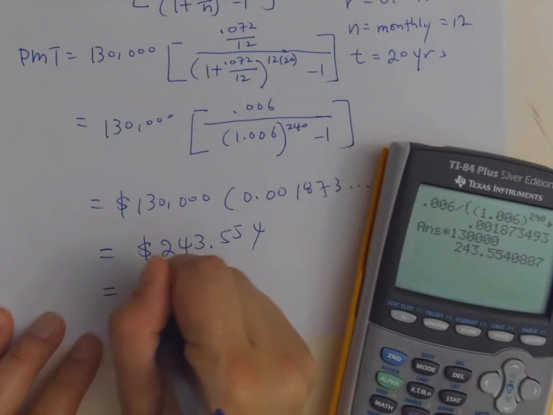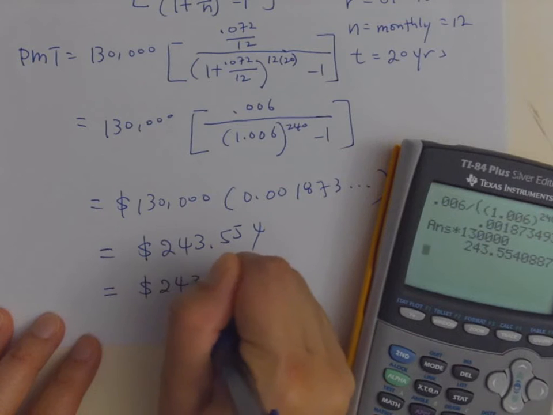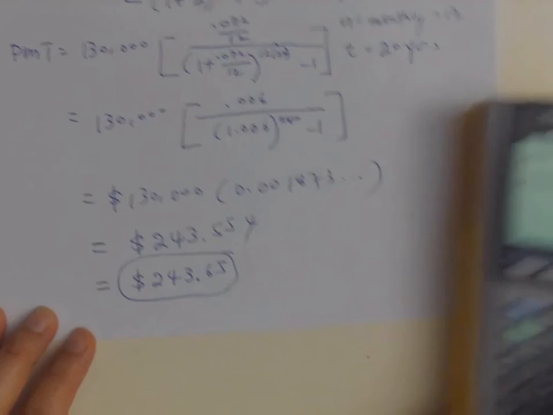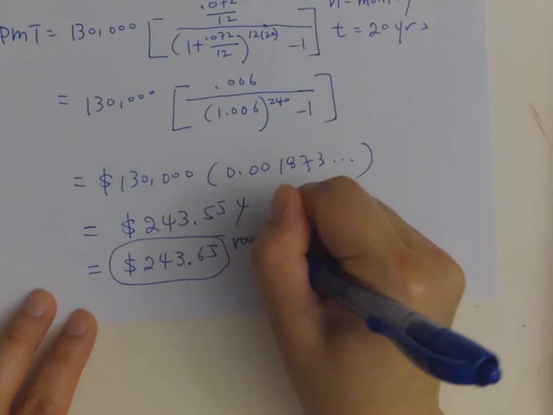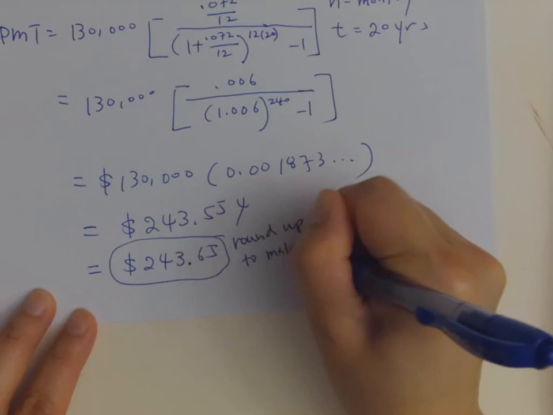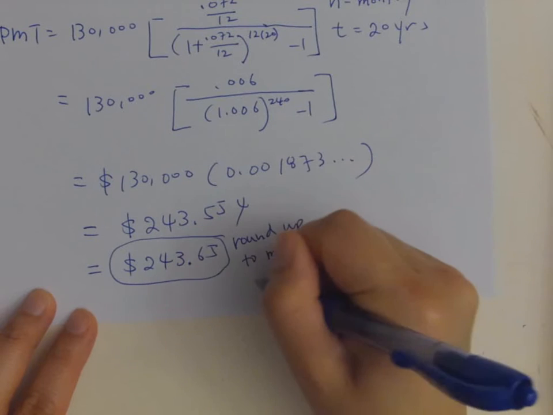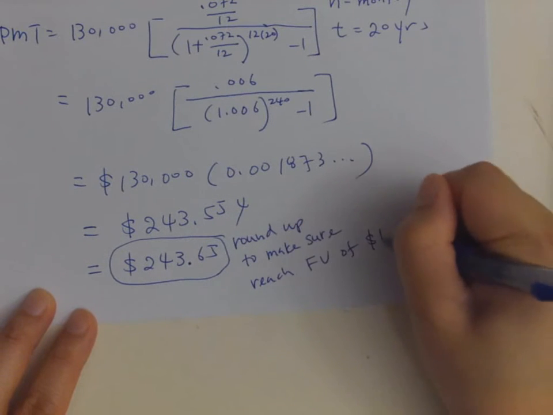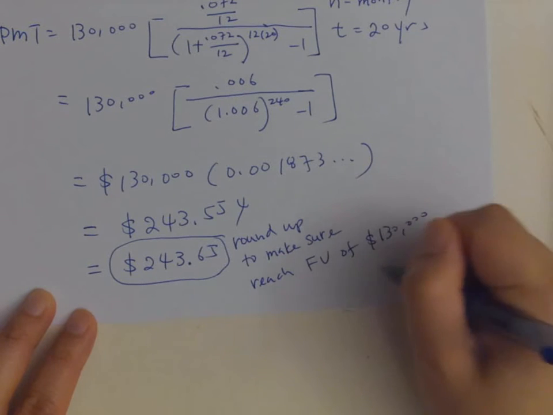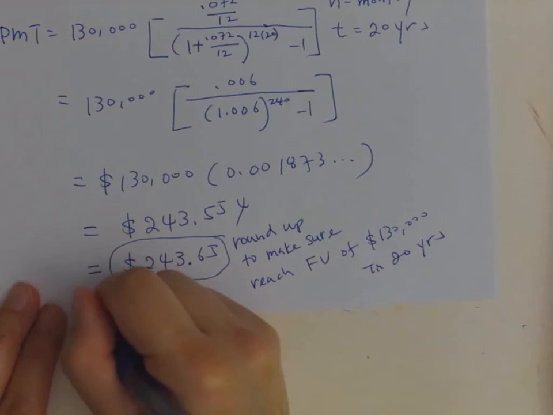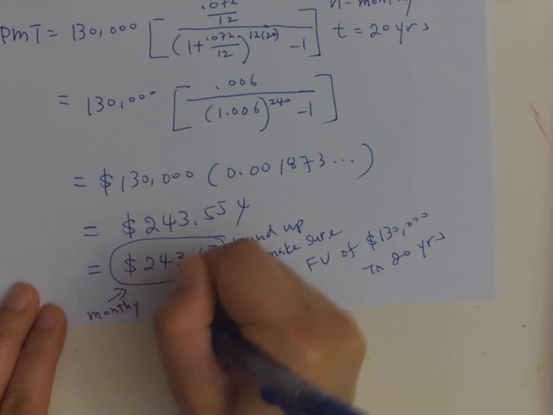So I would say this one you should round up a little bit just to be safe, to make sure we reach the future value of 130,000 in 20 years. So this is my monthly deposit.